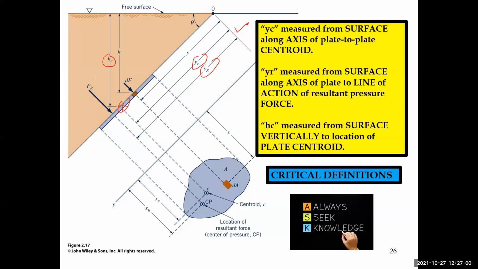And of course, understand that F sub R, which is the resultant of my pressure force, is always perpendicular or normal to the plate. It's always perpendicular or normal to the plate.